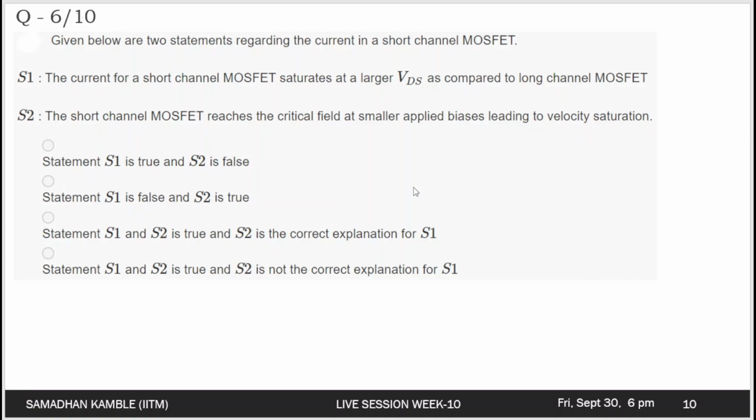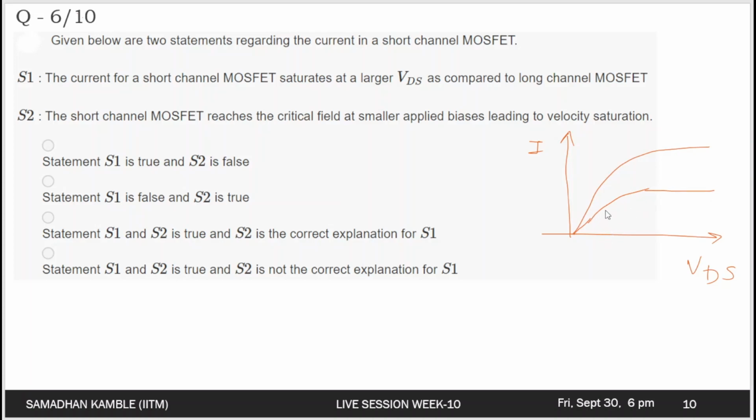So if you go back to the question, statement one says the current for a short channel MOSFET saturates at a larger VDS compared to the long channel MOSFET. If you draw the current versus VDS curve for the two MOSFETs, we have shown that for the short channel MOSFET, the saturation happens at a lower VDS.